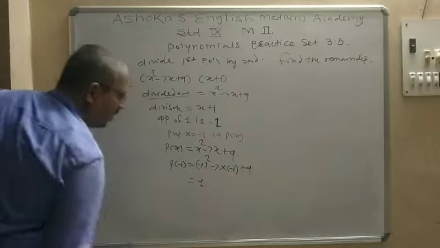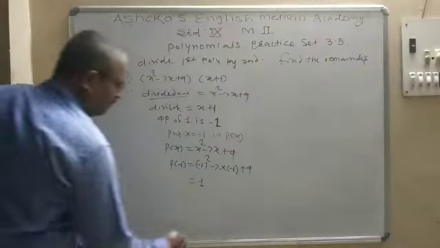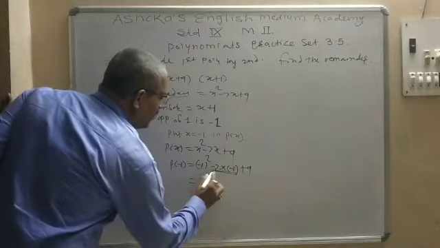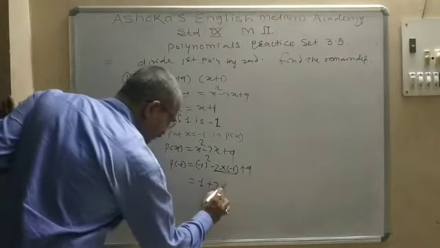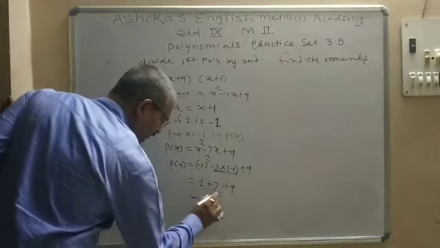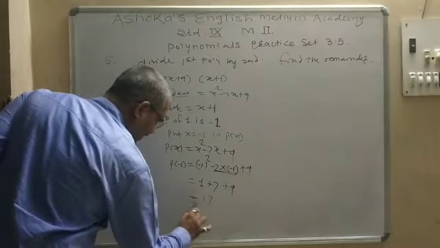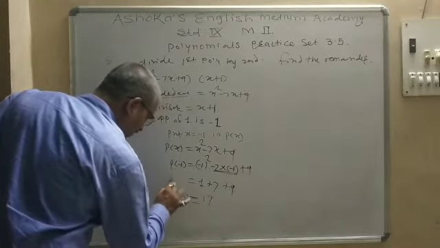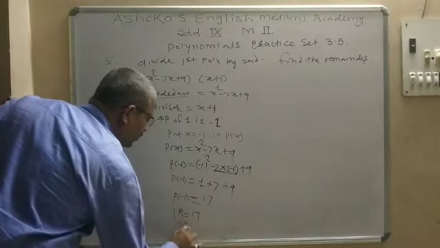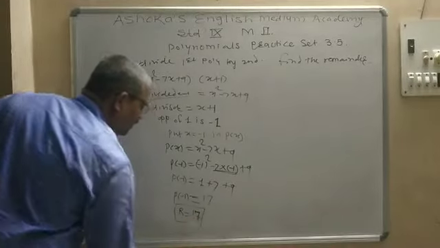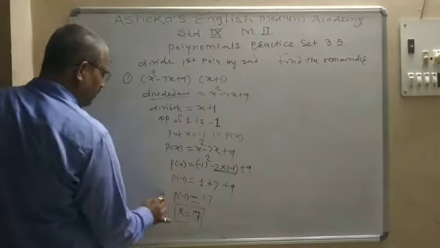The square of a negative term is positive, so minus 1 square is 1. Minus 7 into minus 1 is 7, plus 9. Then 9 plus 1 is 10, 10 plus 7 is 17. So what is the remainder? The remainder is equal to 17. Understand? If you understand, don't forget to write the therefore sign.